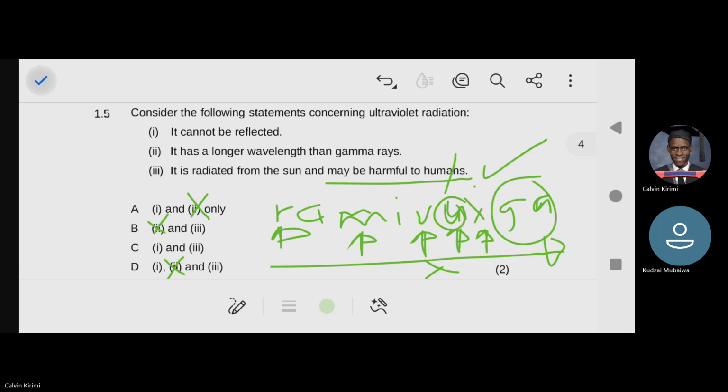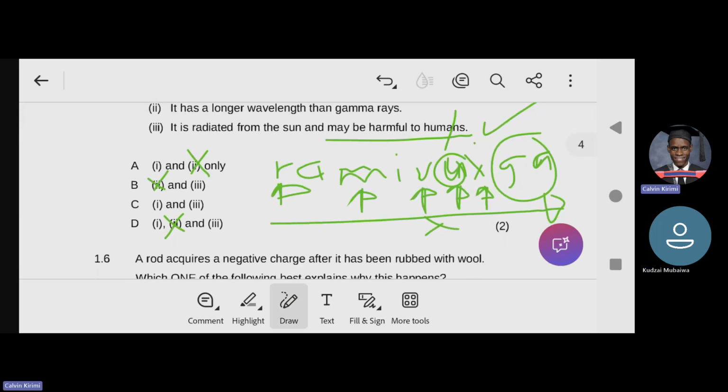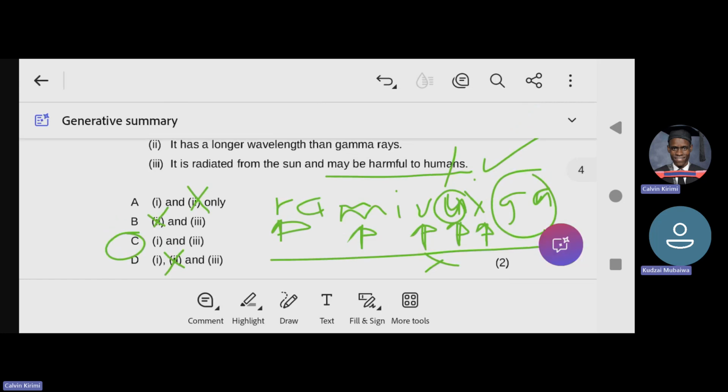The answer you automatically see, you have got an idea now that the answer is C because 2 is out. So you must know these rays: microwaves, ultraviolet waves, X-rays, gamma rays, how do they increase? In which direction do they increase, from left to right?